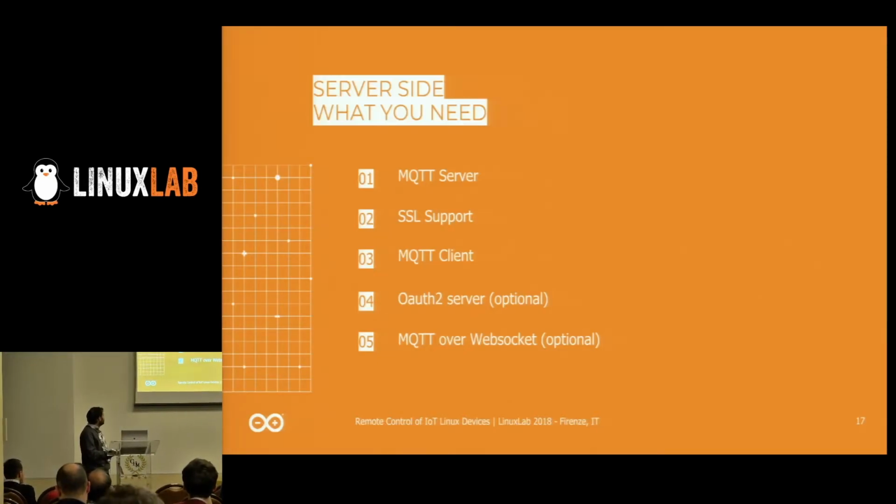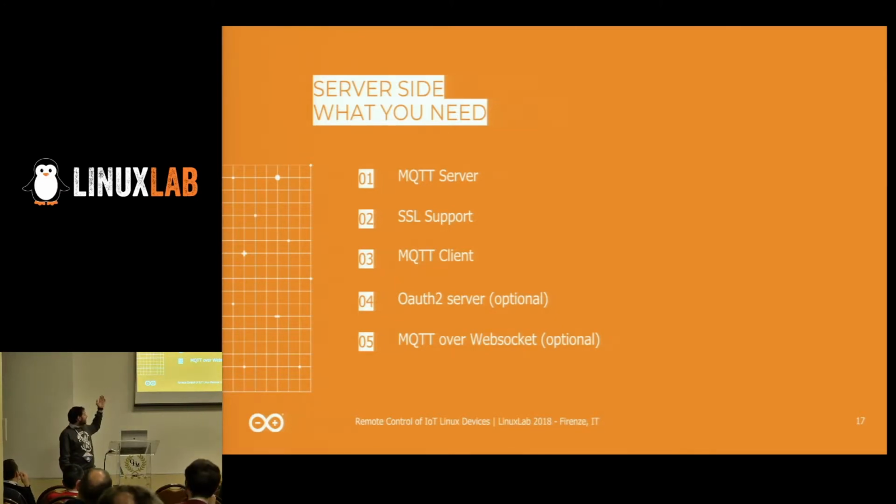So this is only what you need on the server side if you want to run your own version of this software. We release the client as open source. On the server side, you can use just a plain Mosquitto or VerneMQ or whatever MQTT broker you want, or just use something provided by the main cloud vendors like Amazon, Azure, or Google.